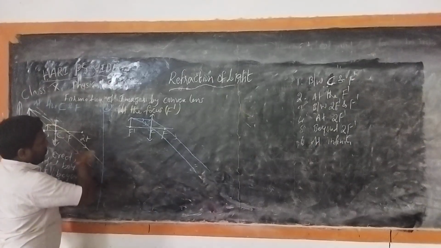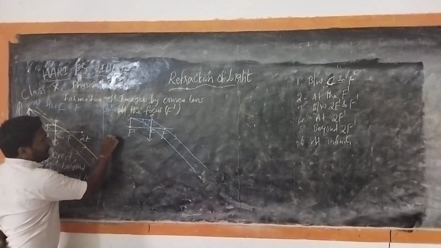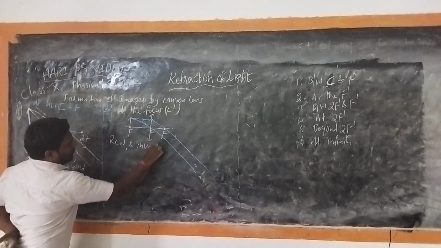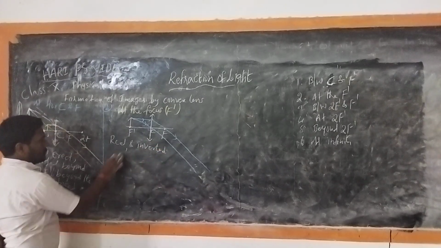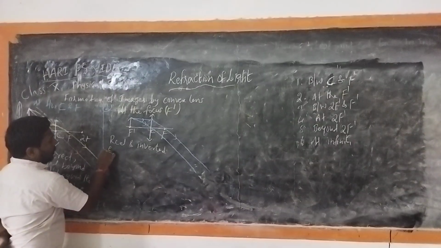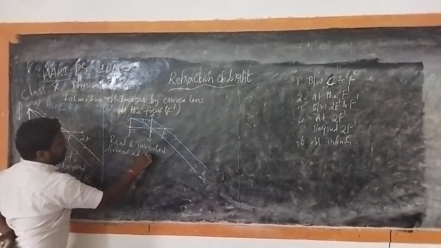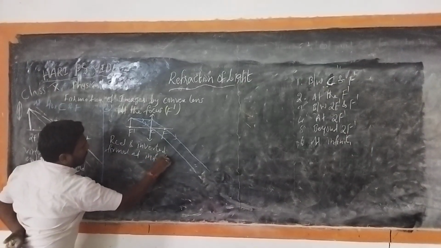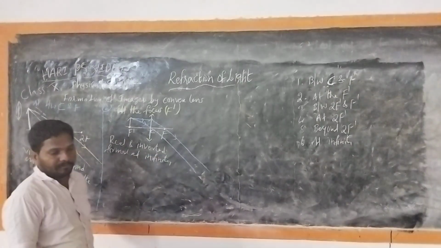So a real and inverted image is formed at infinity.